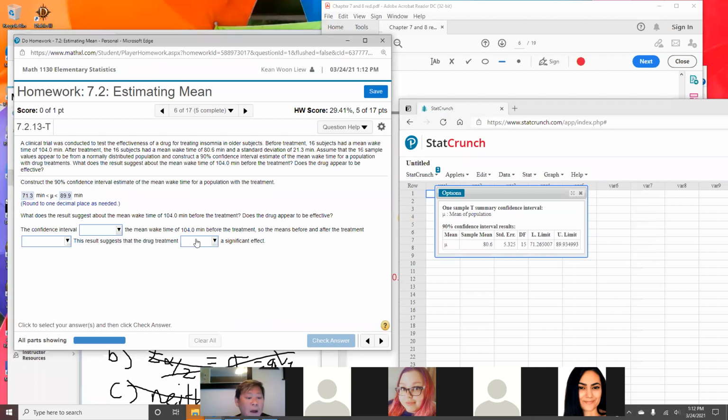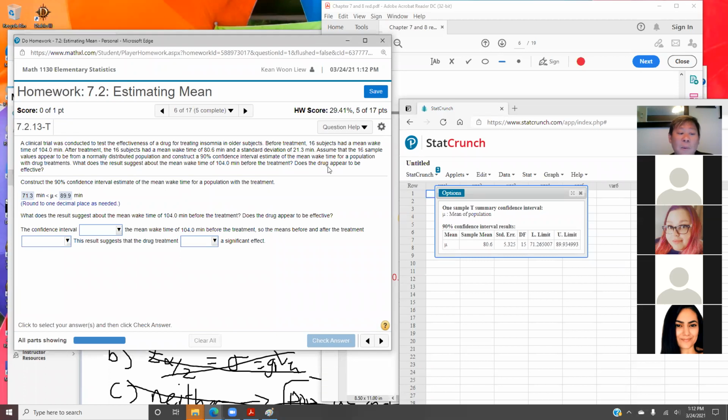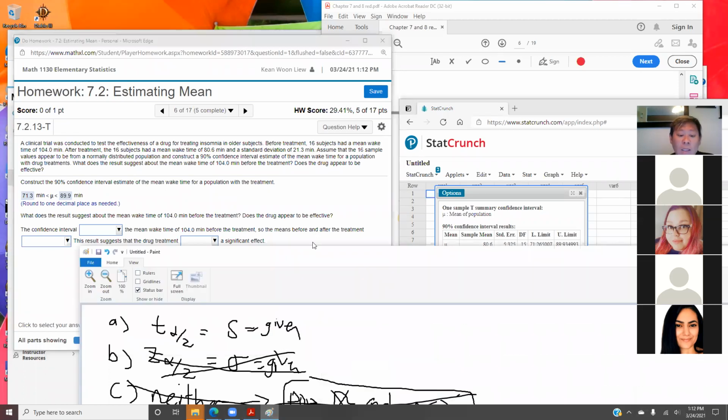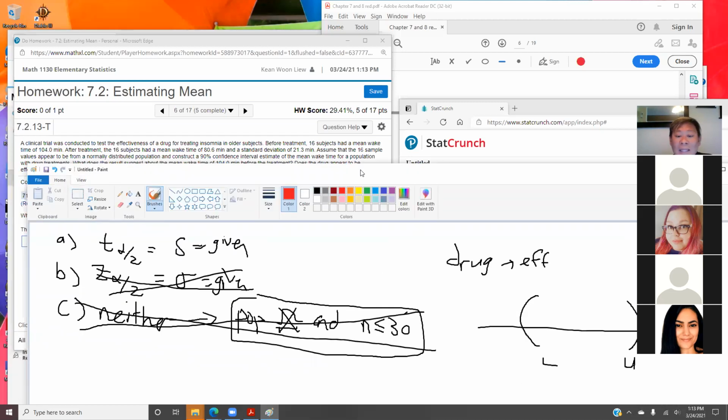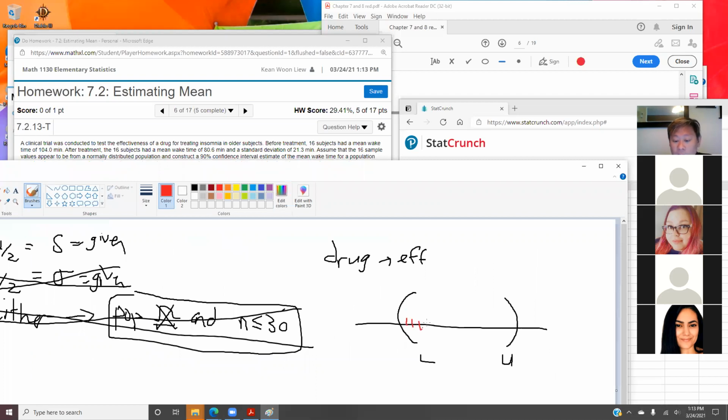Now this is something I want to point out to you guys. This is talking about drugs, right? If a question is asking whether a drug is effective or not, you will find the confidence interval, the lower and the upper that you did just now. If the number that you have falls inside this, you have no effects.